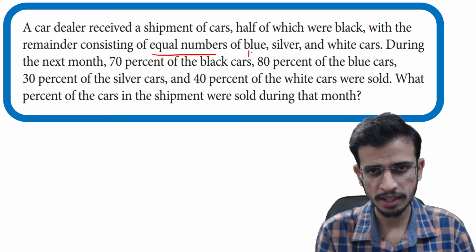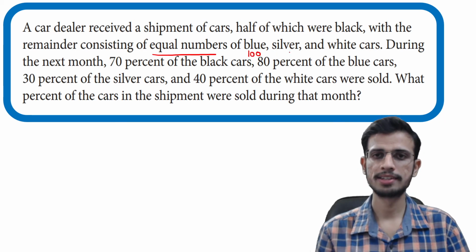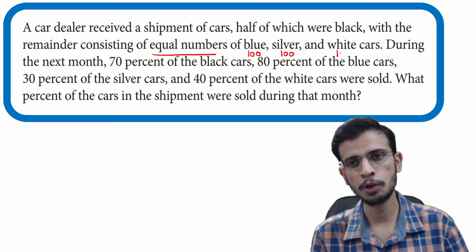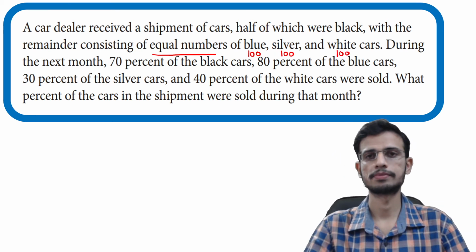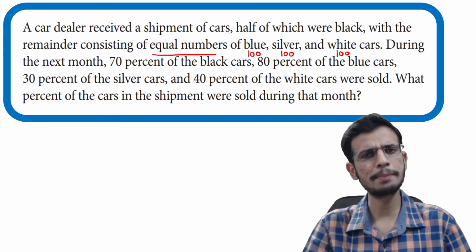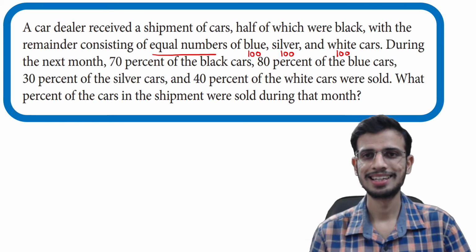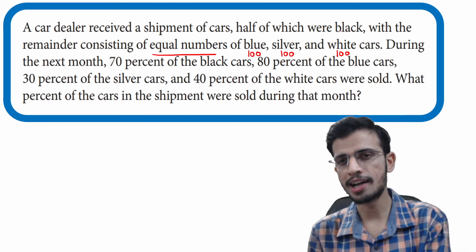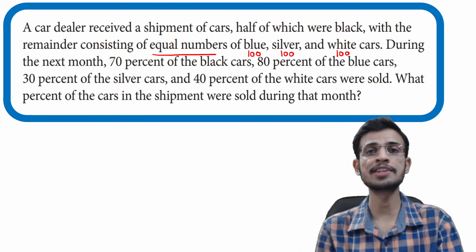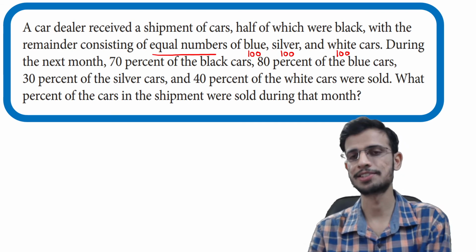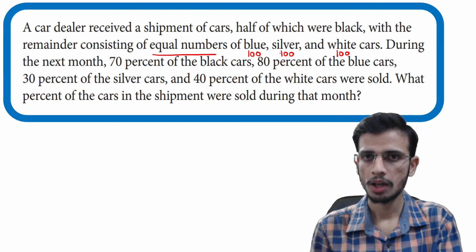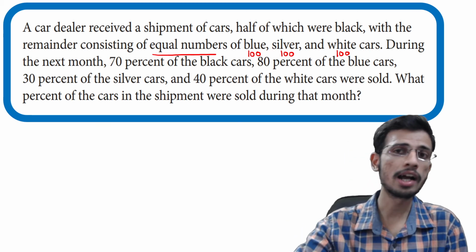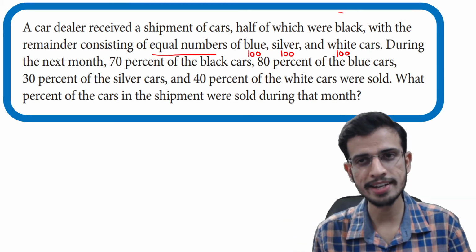So silver cars will also become 100 and white cars will also become 100. How many black cars will be there? Half of the shipment is of black cars and the remaining half is of blue, silver and white cars. So there are total 300 blue, silver and white cars. That is half portion. So another half portion will also become 300 cars.